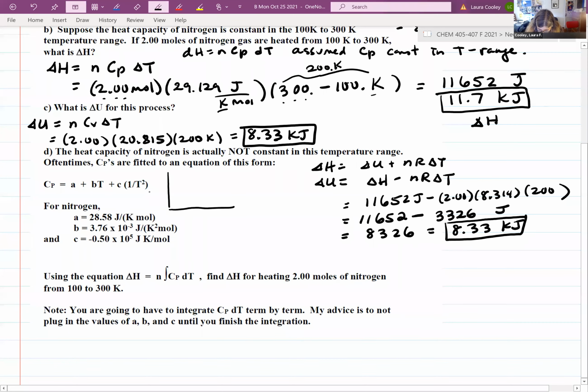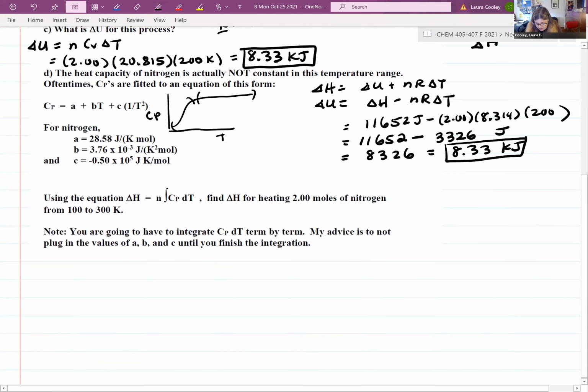So CP kind of looks like this. If you're in this range here, whatever that is for the particular gas, then CP is more or less constant. But if you're in this range over here, then it's not very constant. And this function describes how CP does depend on T. And there's a very definite reason for why it depends on T, which we're not covering this semester.